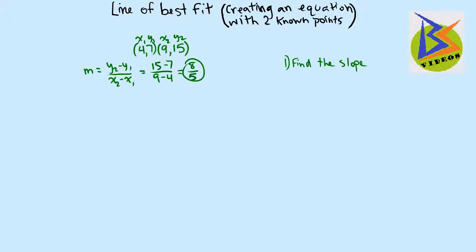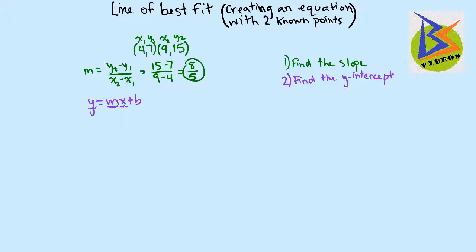Second step, after we have found the slope, is we need to find the y-intercept. And really, the easiest way is to use our slope-intercept form of y equals mx plus b. And we can plug in our slope. We can plug in one of our 2 points that were given, and then just solve for b.